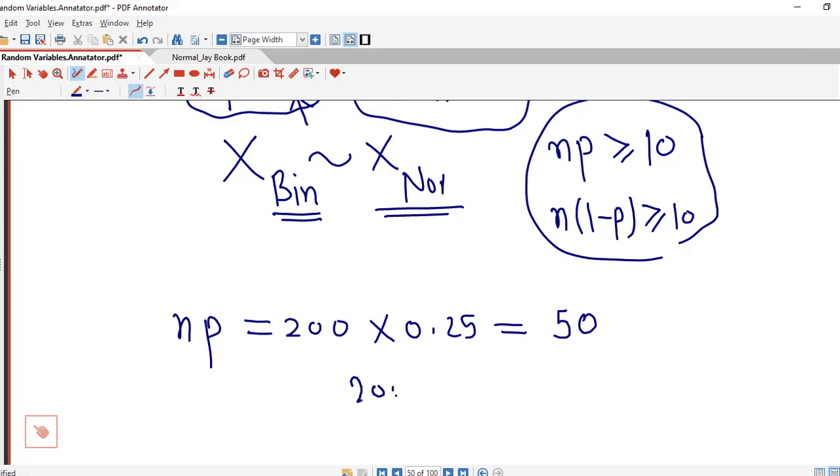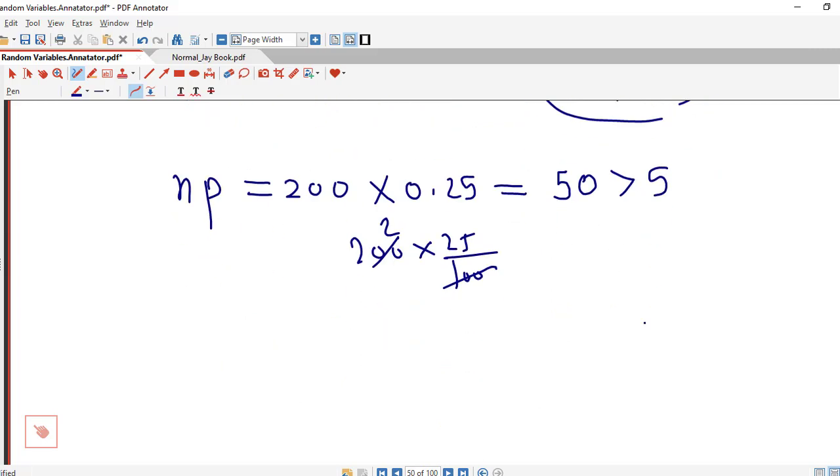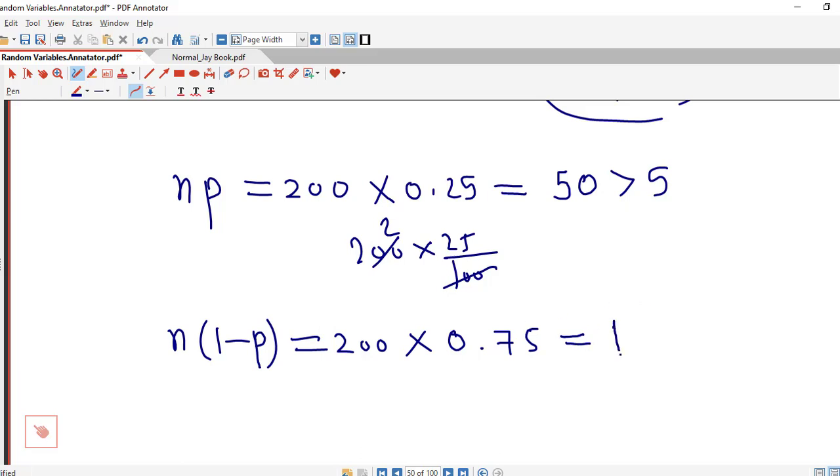Okay, we can see 200 into 25 by 100, so this is 50, which is greater than 5. And if we consider n into 1 minus p, that is 200 into 1 minus 0.25, that is 0.75.